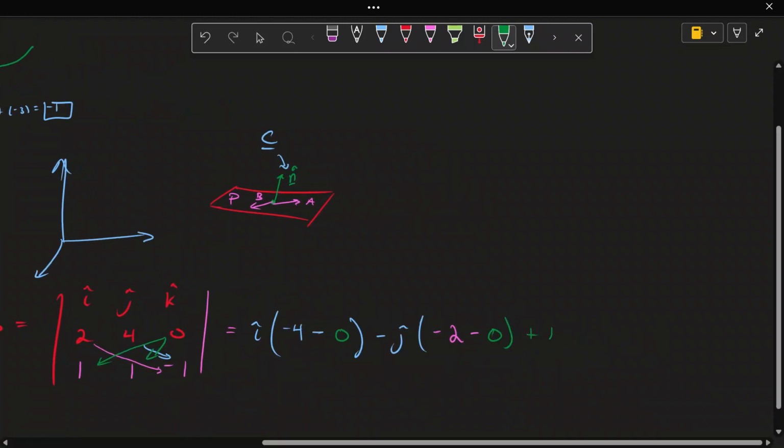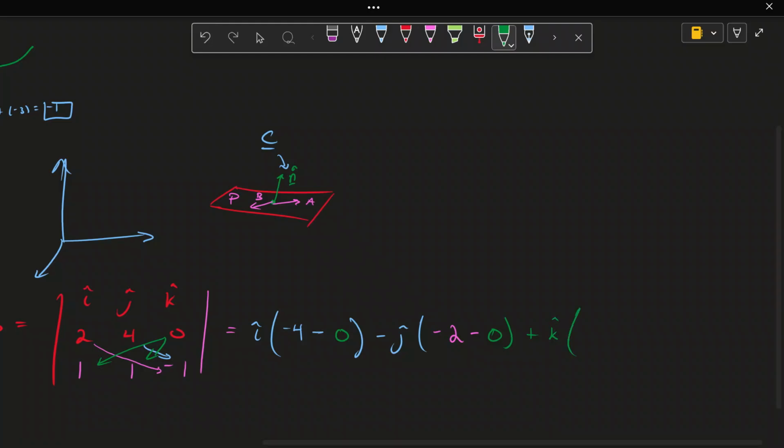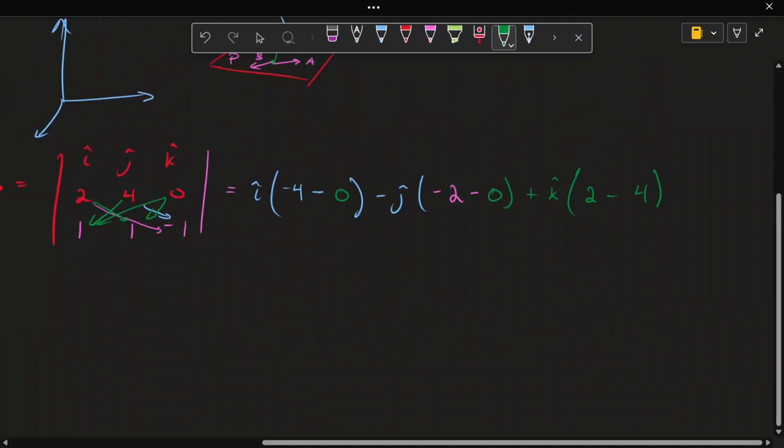Finally, we do plus k hat, which is going to end up being, cover up this k column, and it's 2 times 1, which is 2, minus 4 times 1, which is 4. Okay, and now, remember, cross products result in a vector. We have to keep our unit vectors here.